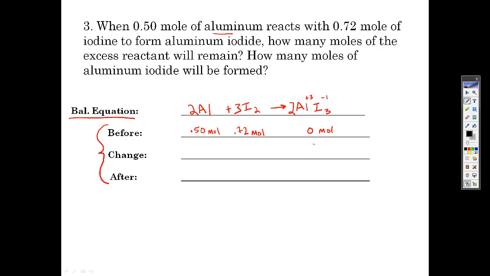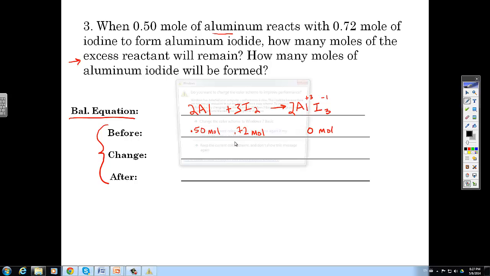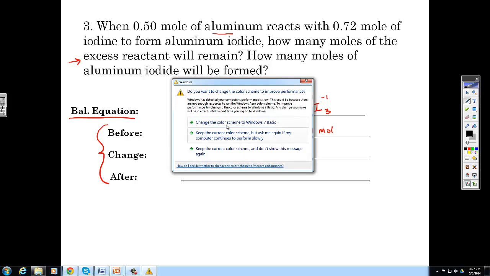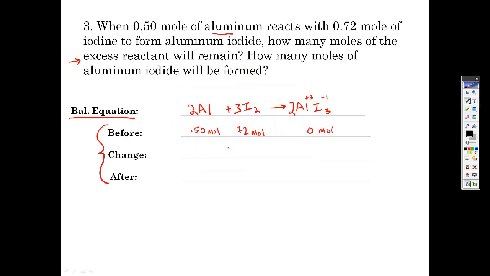Now, we want to know how many moles of the excess reactant are going to remain. We're going to react both of these reactants, and one of them is going to run out before the other one. So let's figure that out.